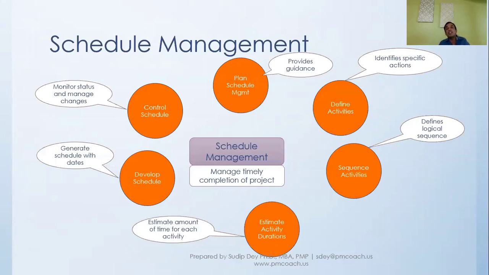This is the objective of control schedule. We want to see if there is any deviation. Are we getting delayed? If there are deviations from the schedule that we developed, we will have to take some action to bring our project on track. So this is the control schedule process.